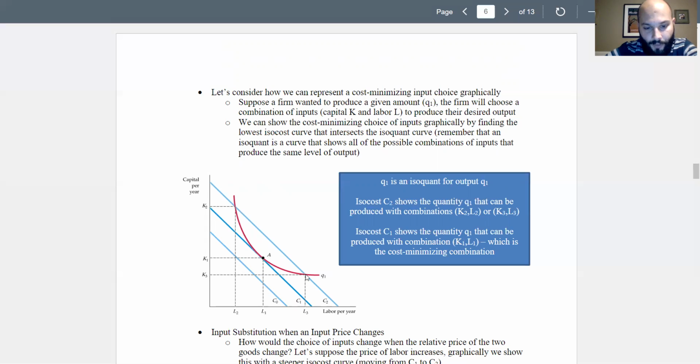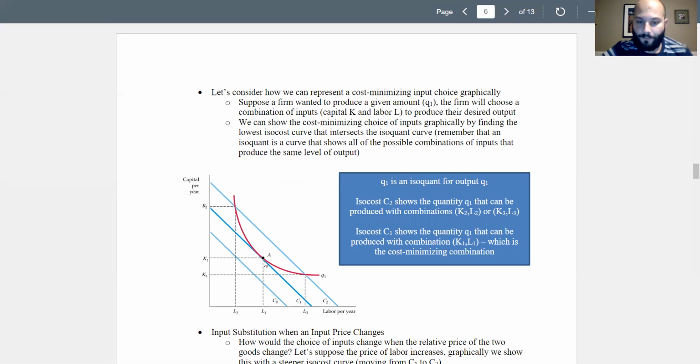For instance, if we use this point right here, that's on a higher cost line. The producer could produce the same quantity Q1 at a cost of only C1, so a point like this would not be optimal. Likewise over here, the producer could produce Q1 using this combination, but that also costs more than A.